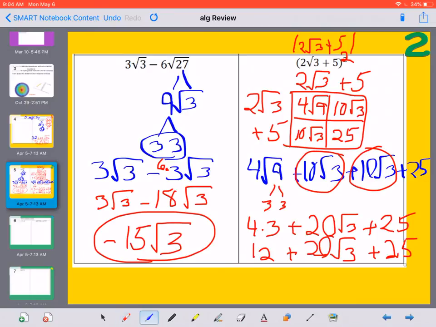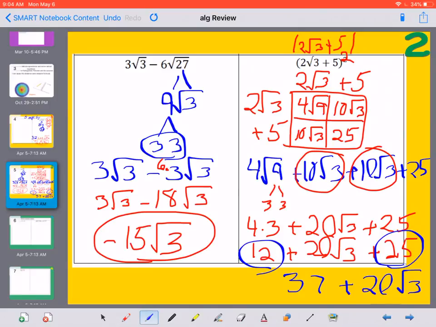Now again, I see two more like terms. I see 12 and 25. So 12 plus 25, that's going to give me 37 plus 20 times the square root of 3.